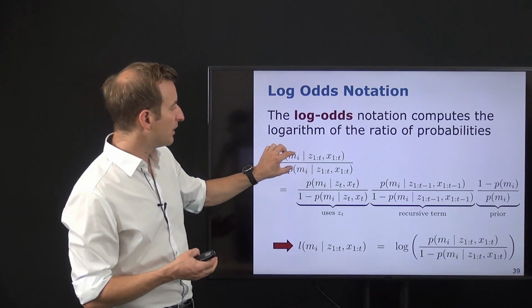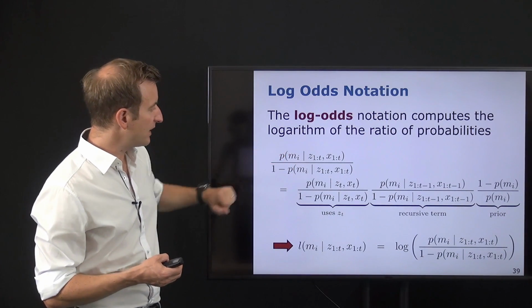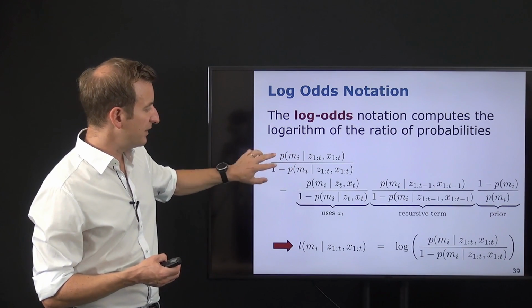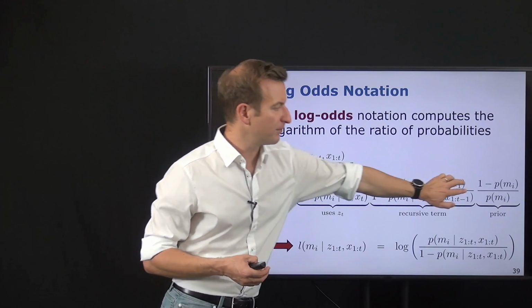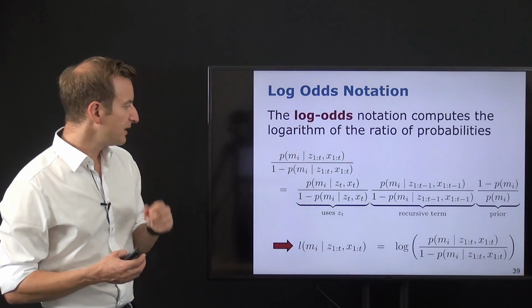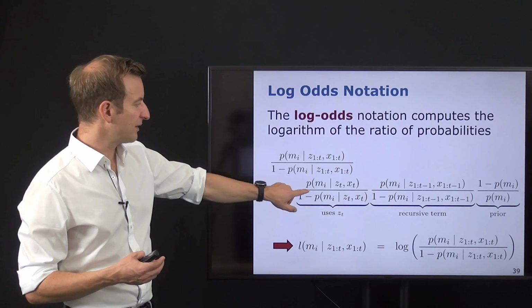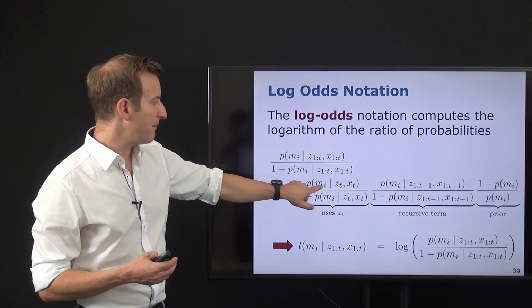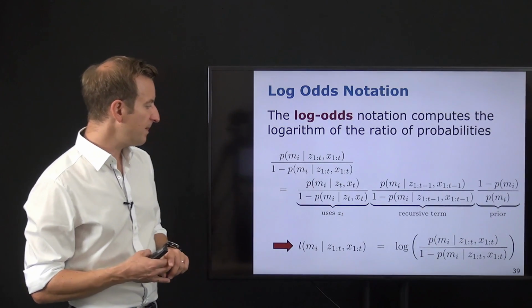So if again we go to this ratio, we have here an odds term, here an odds term, here an odds term, and there an inverse odds term. And of course we could write this term as the odds of m_i given z_t and x_t.